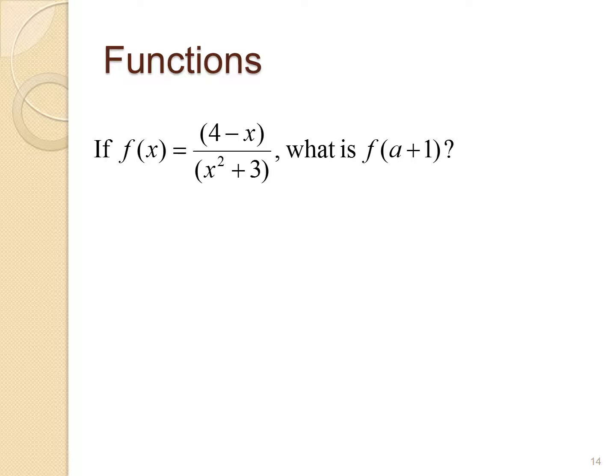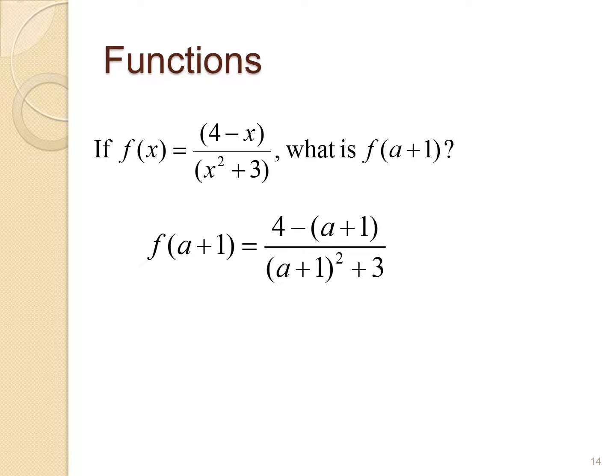Now, what if we did the same function, but wanted to find out what f of a plus 1 is? Remember, when we do this, every place there's an x, we have to put in a plus 1. So I recommend when it's more than just a, put in parentheses, because on the top, the numerator, it becomes 4 minus the quantity a plus 1.